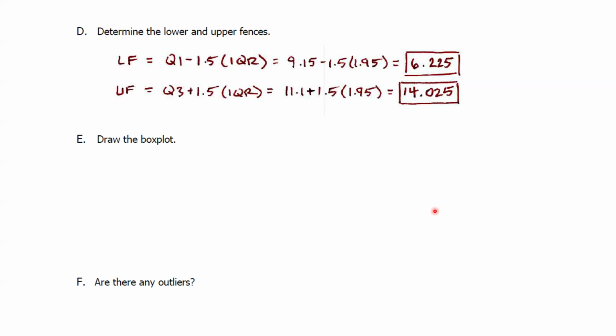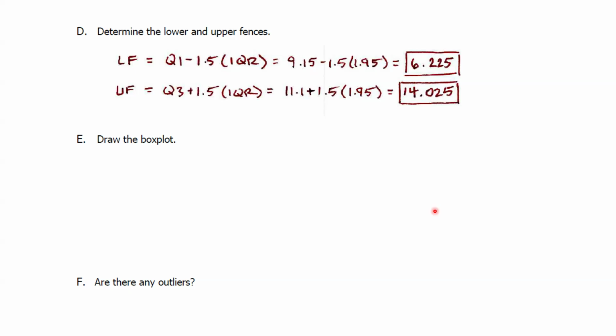Those are the cutoffs for my data values to be considered an outlier or not. If I have a value below 6.225, that value would be an outlier, and if I have a value greater than 14.025, that value would also be considered an outlier.